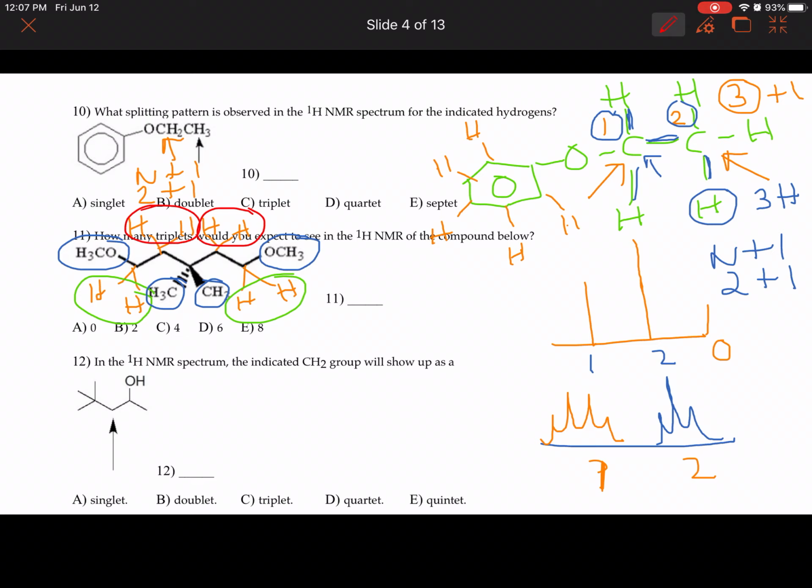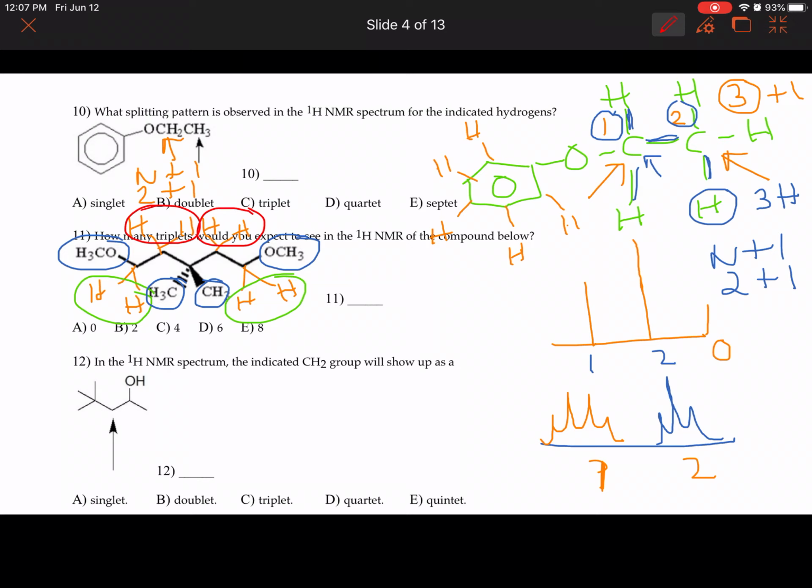But the green hydrogens and the red hydrogens are not chemically equivalent because the green hydrogens are closer to a methoxide group and then the carbon with CH2 and another group, right? So due to that, the green hydrogens would be in one environment, red hydrogens would be in one environment.